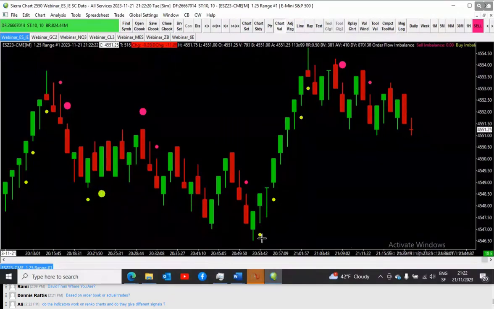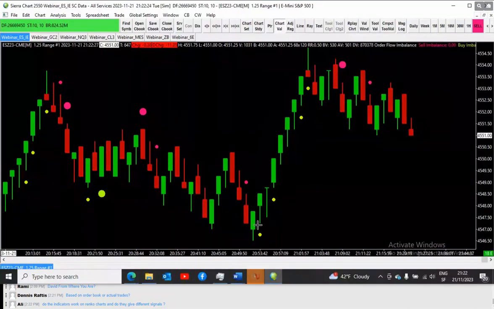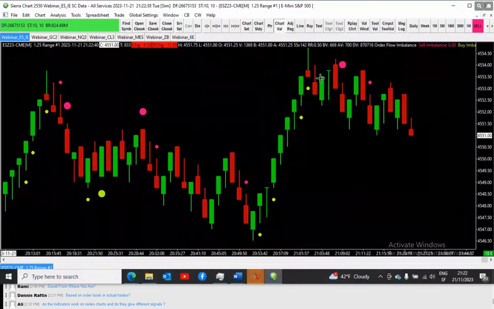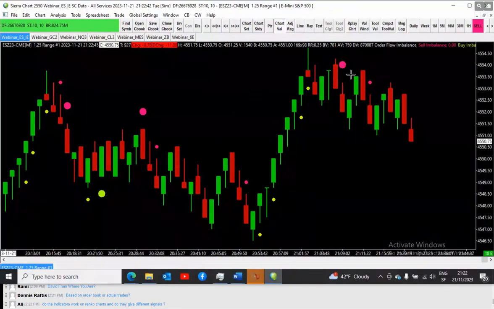So without looking at any moving averages, you can see this would give you confirmation that we're in an uptrend here, and there's no selling going on during this uptrend, or at least there's no overall bias to the sell side till we get up here, and then we get a major imbalance and things start to move down.